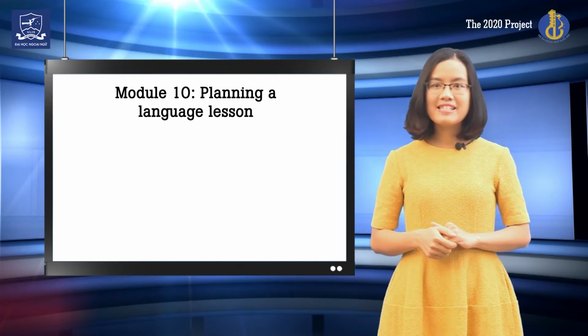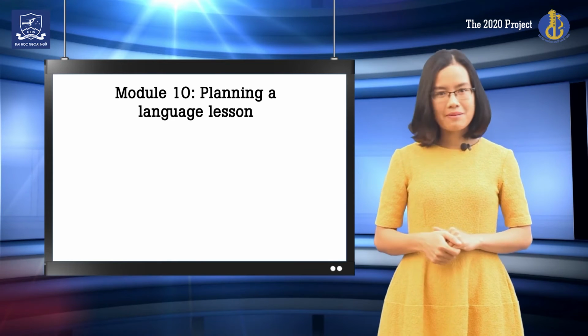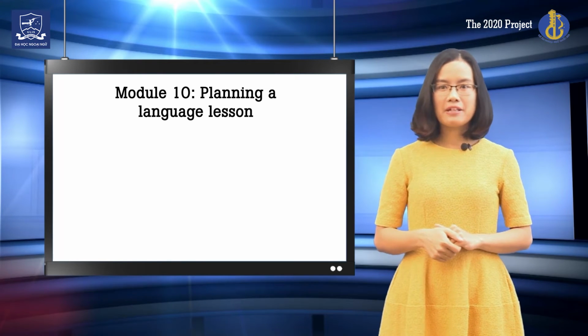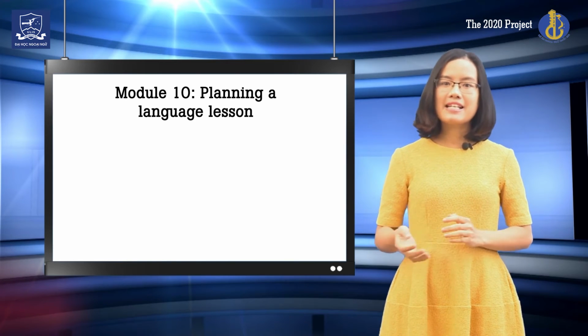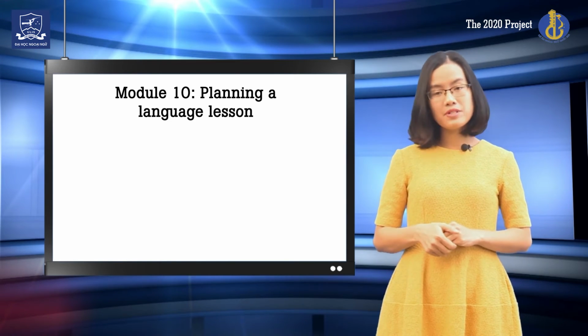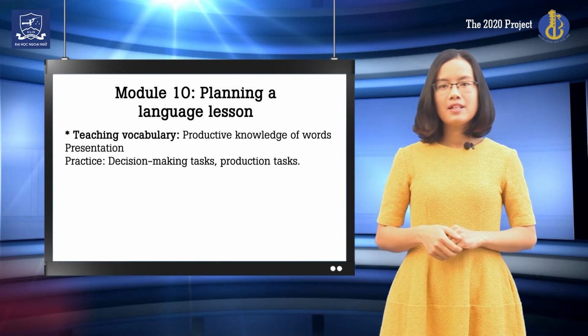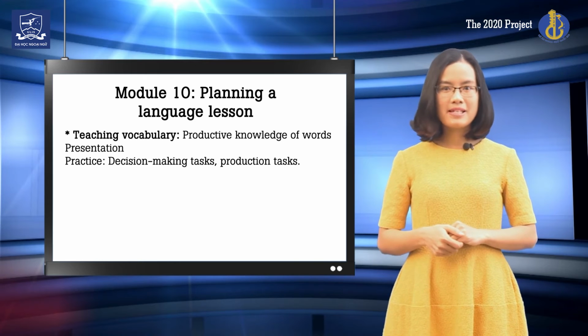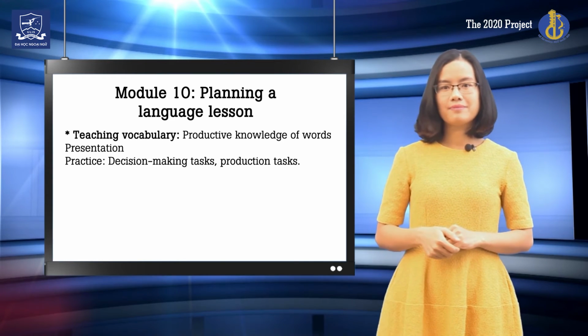Module 5 provides insights into teaching language elements, which are vocabulary, pronunciation, and grammar. In teaching vocabulary, it is essential that the teacher helps students to have productive knowledge of words. Productive knowledge of words means students can produce it, not only understand it.